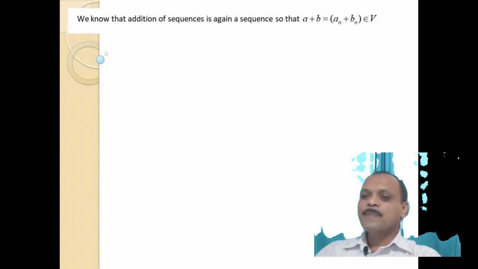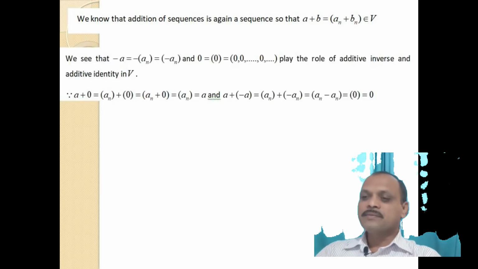If we have a sequence whose elements are A1, A2, An, then minus A is minus A1, minus A2, minus An, and plays the role of additive inverse, whereas the sequence 0, whose elements are all 0, plays the role of additive identity in V.